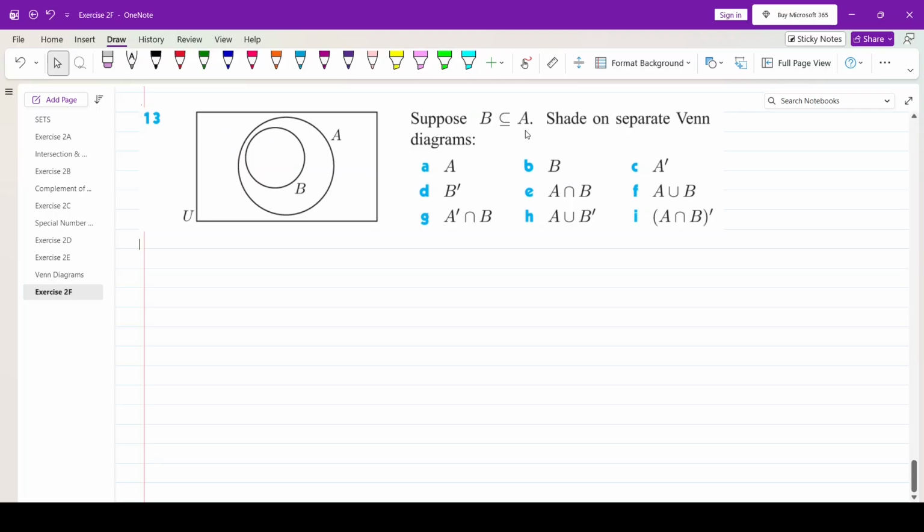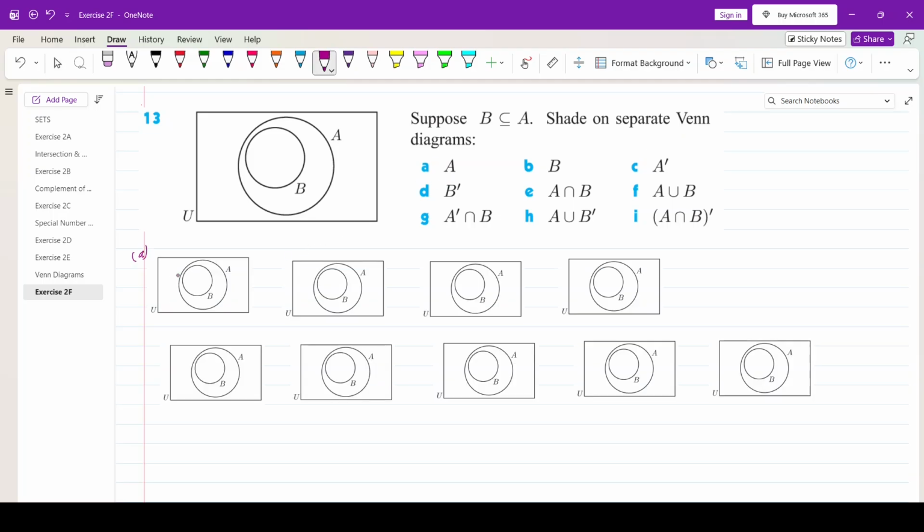Suppose B is a subset of A, shade on separate Venn diagrams. Set A is this. Part B says set B is going to be this.